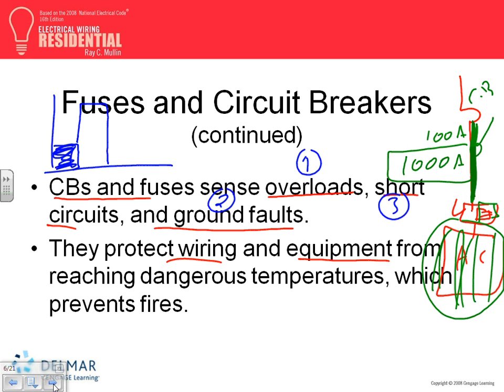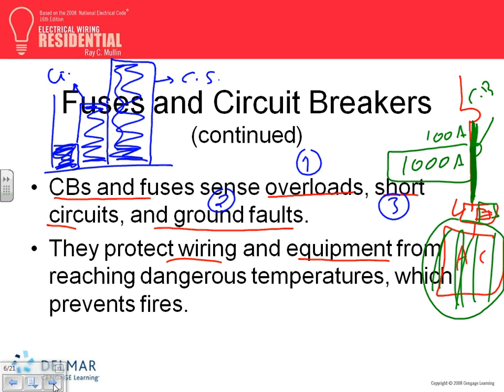If you go up, this will be the ground fault, and if you go all the way up, this will be the short circuit. So this one is short circuit, this one here is ground fault, and this piece here is overload. See how the overload is high current.